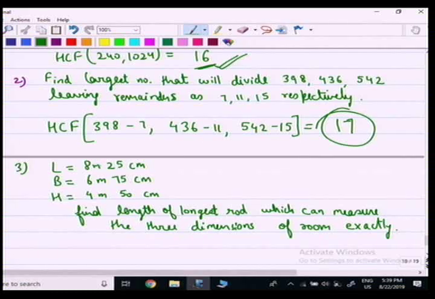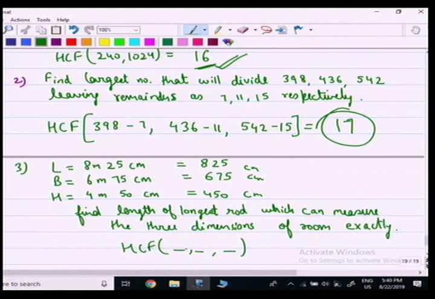The dimensions are 8 meter 25 centimeter and so on, so you can convert all of them into centimeter, a single unit. 1 meter is 100 centimeter, so it will be 825, this is 675 and this is 450 centimeter. Now you can just find the HCF of these numbers, 875, 825, 675 and 450. The HCF you will get is 75. So 75 centimeter is the length of the longest rod which measures these dimensions exactly.